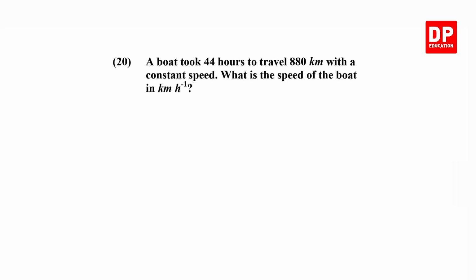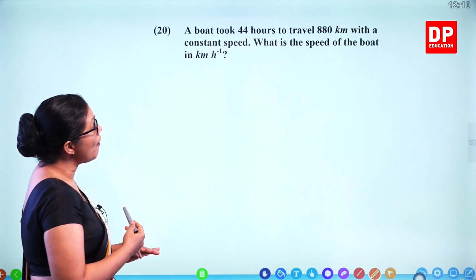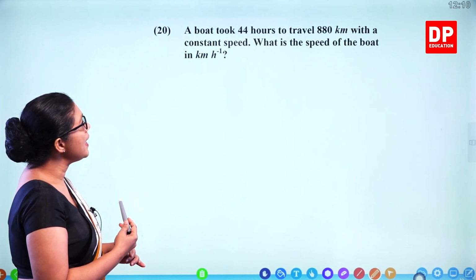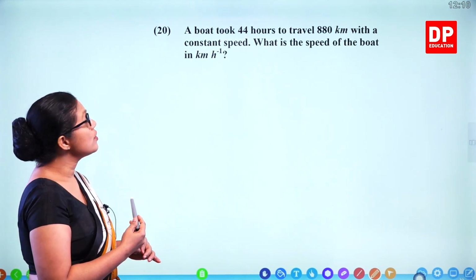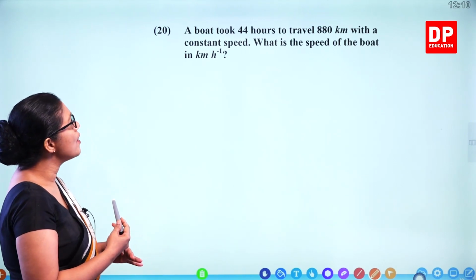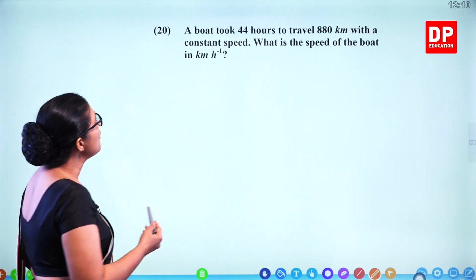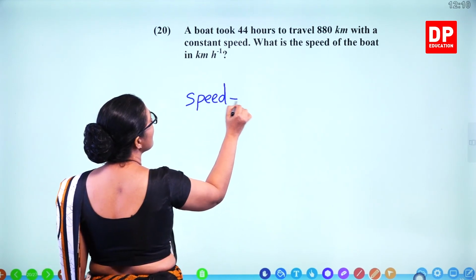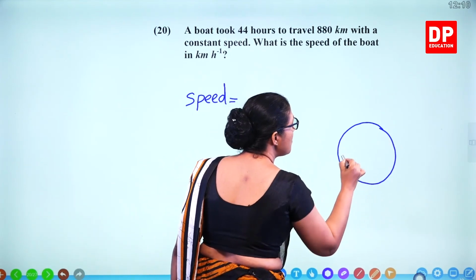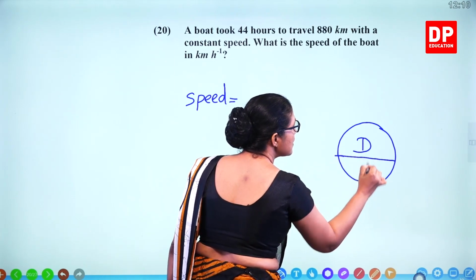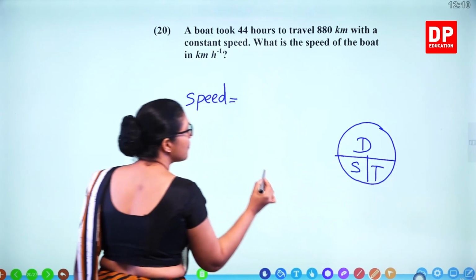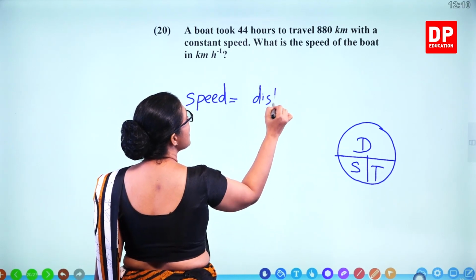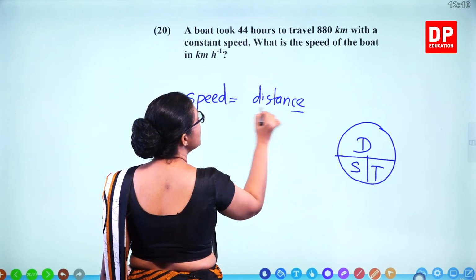Question number 20. A boat took 44 hours to travel 880 kilometers with a constant speed. What is the speed of the boat in kilometers per hour? So first we'll find out the speed of the boat. What's the relationship between distance, speed, time? Distance divided by time is speed.